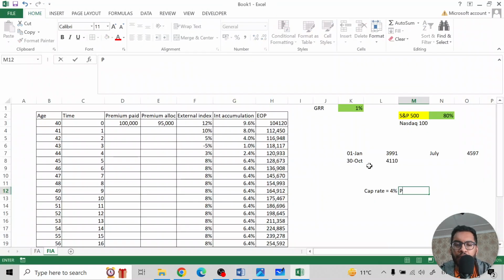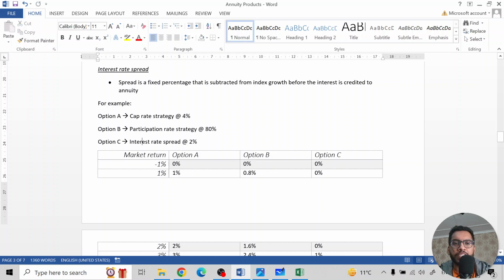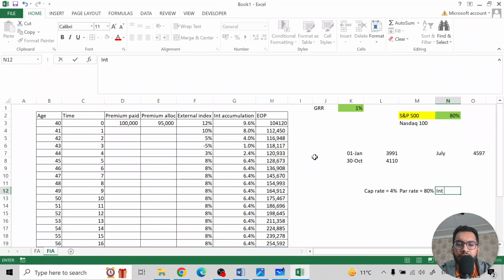Participation rate, I am giving you 80%. And the interest rate spread, let's call it IRS, will be 2%. The external index, let's say, is the S&P 500.